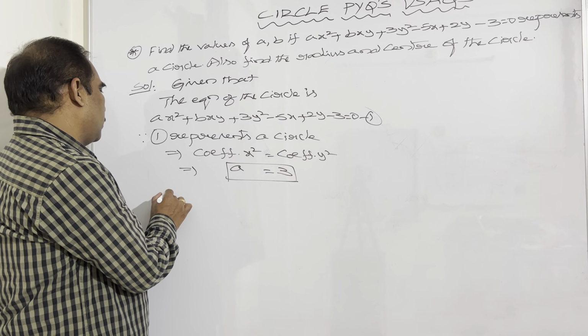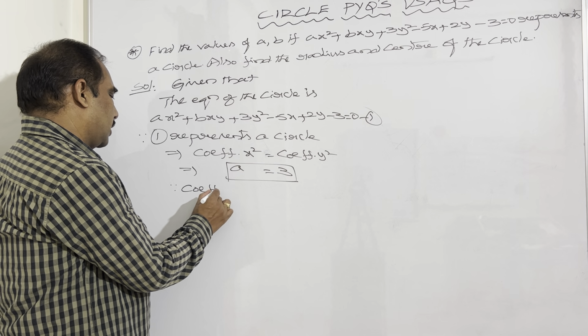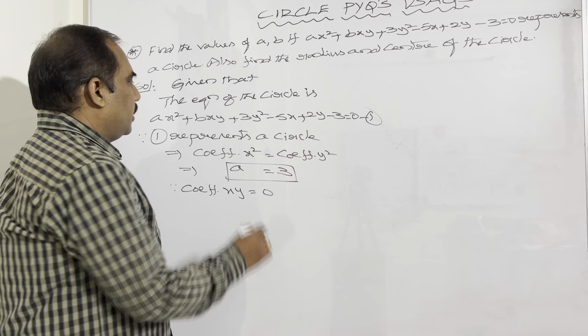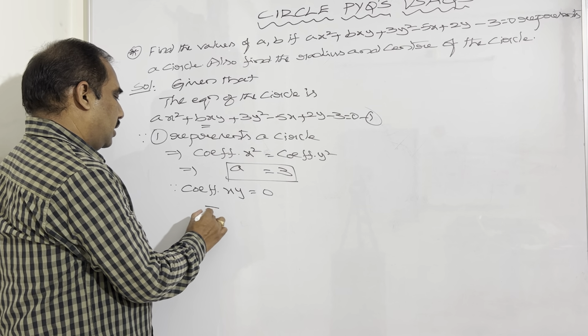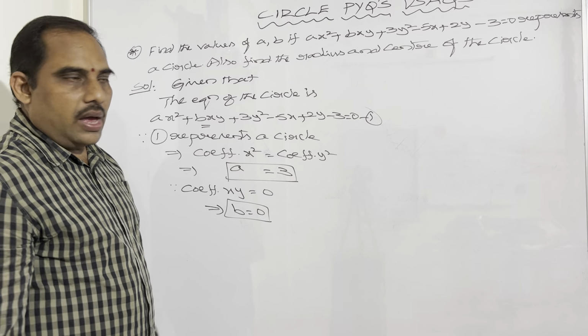One more condition: when 1 represents a circle, the coefficient of xy is 0. Here the coefficient of xy is b, so b is equal to 0. We get the a and b values.